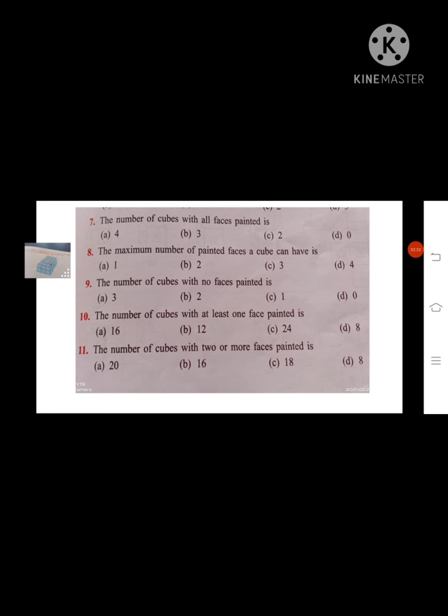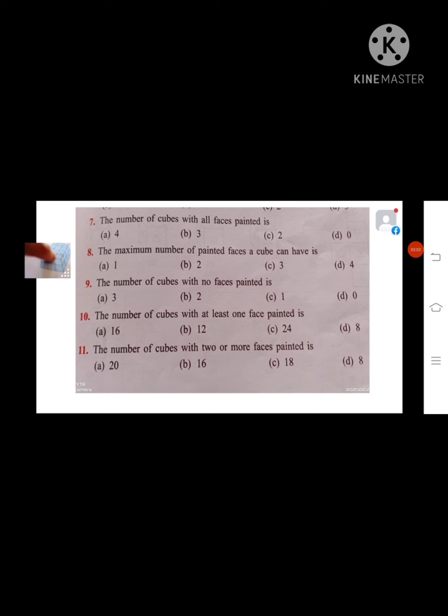Next, cubes with 2 or more faces painted. So here we cannot consider those having one face, we have to consider 2 and more, means 2 and 3 faces painted. For that we have to just remove the center place, means 1 and 2, these 2 we have to remove, and we have to count those on the side or in the corner.